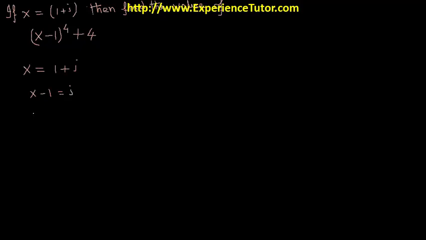Therefore, in the expression x minus 1 to the power 4 plus 4, instead of this value we can write i. So i to the power 4 plus 4 will give i to the power 4 is 1, plus 4 will give 5. So this is the answer.